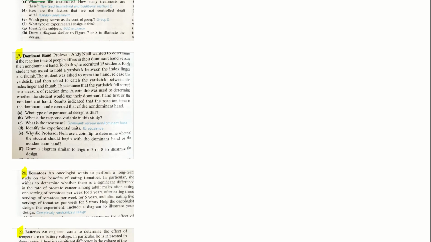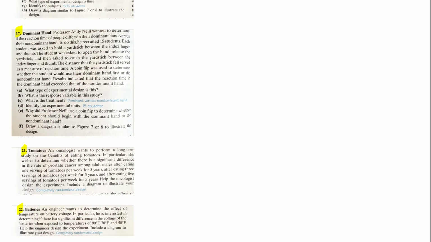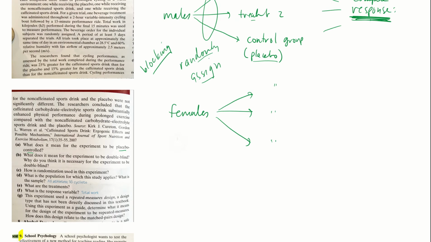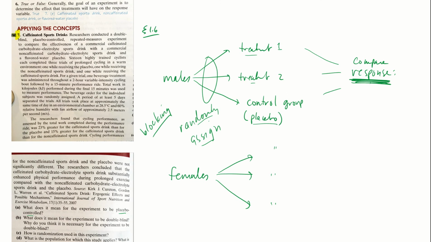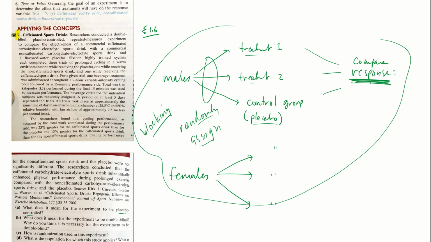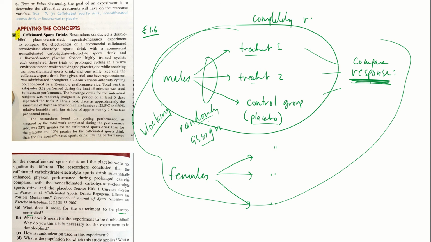Alright, and these are all experiments that are done. You've got the answers in the back to take a look at on these. This is, by the way, called a completely randomized design, the way that I drew this right here. What's blocked, but this treatment here is a completely randomized design.